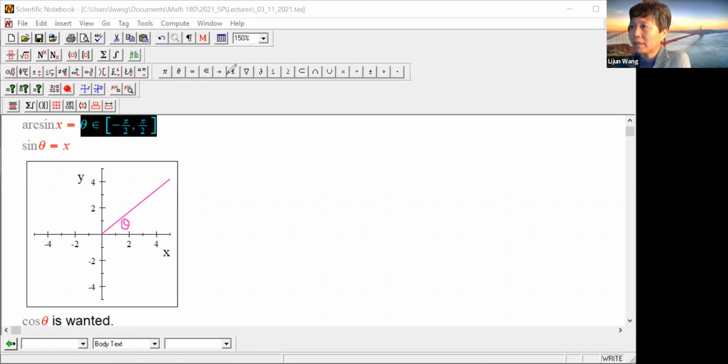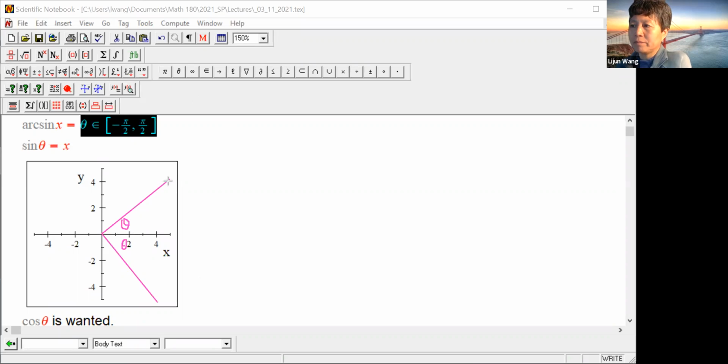Could it be another case? Either one could be the theta. Do we have a possibility that the terminal side is in the second quadrant or third quadrant? Impossible. So you think of these two cases.